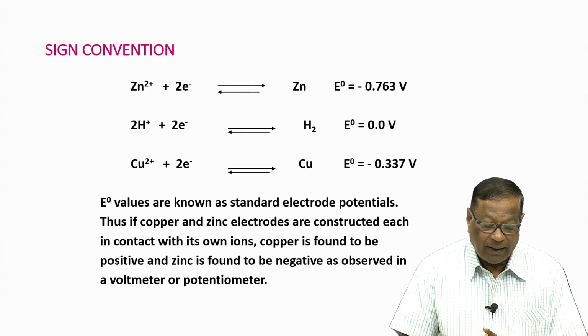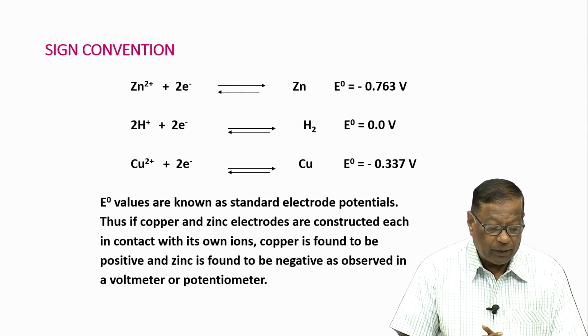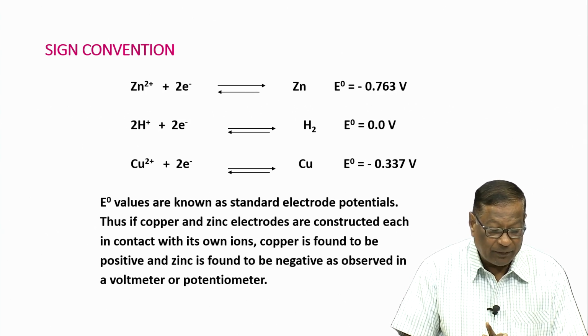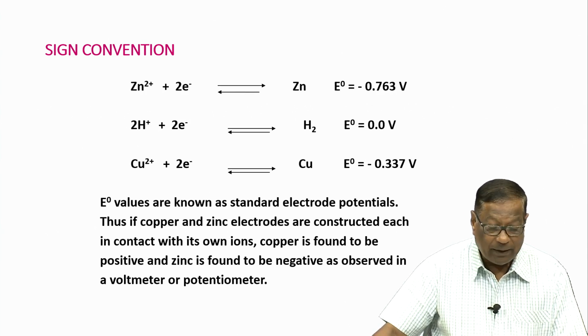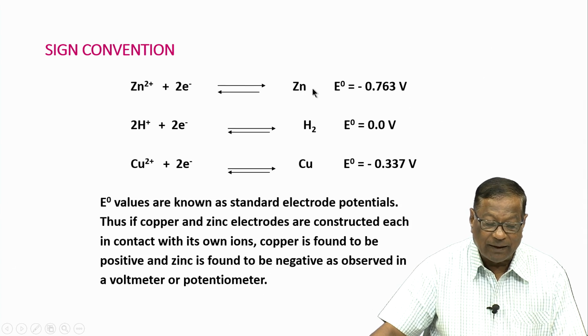As I said earlier, E naught values are known as standard electrode potentials, and if copper and zinc electrodes are constructed, look at the data here. Here I am writing Zn2 plus plus 2 e minus going to Zn. This is one half cell reaction, and E naught is minus 0.763 with respect to SHE.